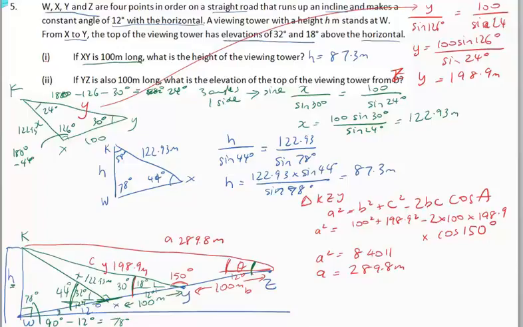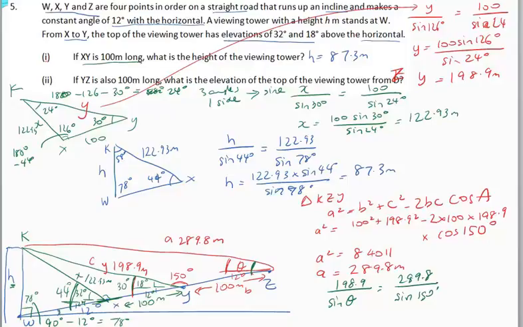So our theta relies on this here, so it's going to be 198.9 divided by sine of theta is equal to 289.8 divided by sine of 150 degrees.